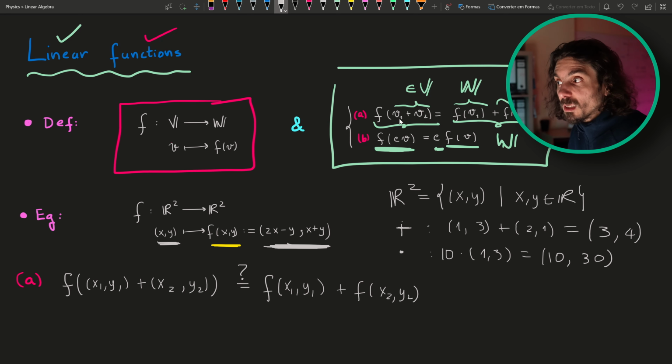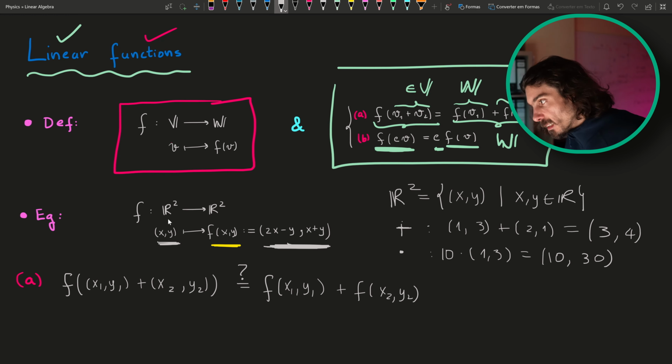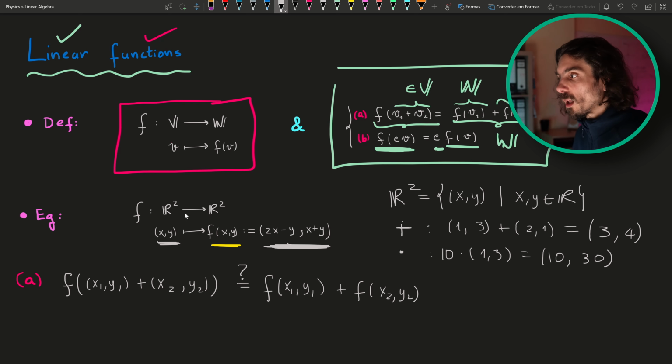I already specified what v1 and v2 are. I specified because, unlike this case, this time I know specifically what the vector spaces are, and the vector spaces contain ordered pairs. So v1 and v2 now turn into ordered pairs. Here are two of them. So we already substituted on A that information, but you still have f here.